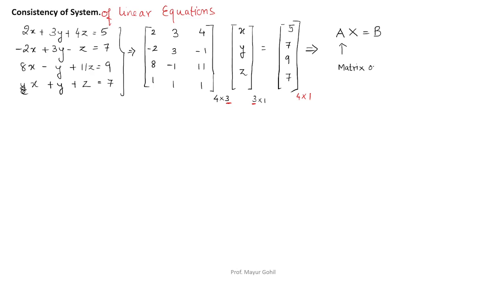Okay, the capital X which you see is called the matrix of unknowns. And the matrix that we see here, the B matrix, is called the matrix of constants.